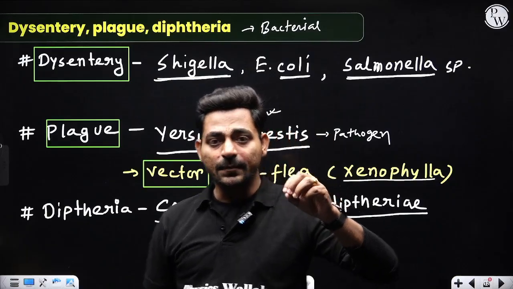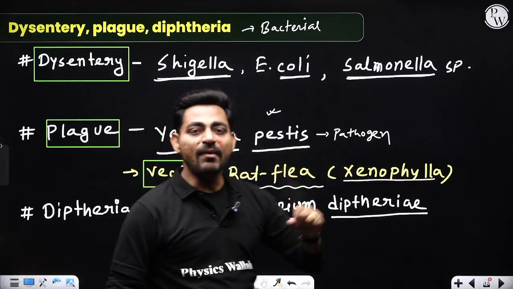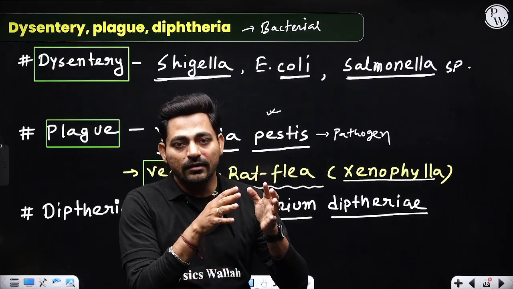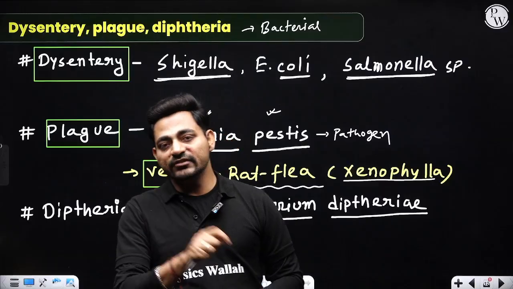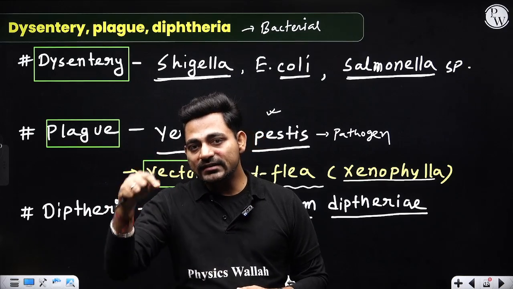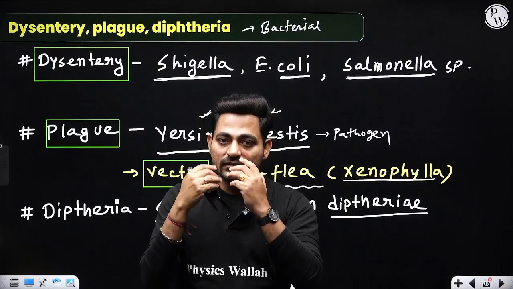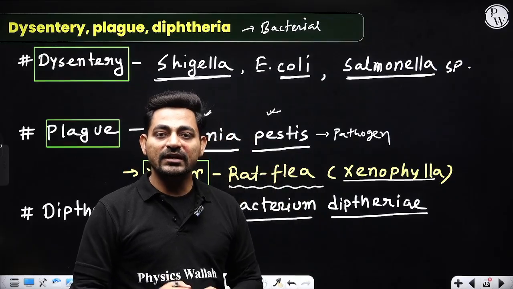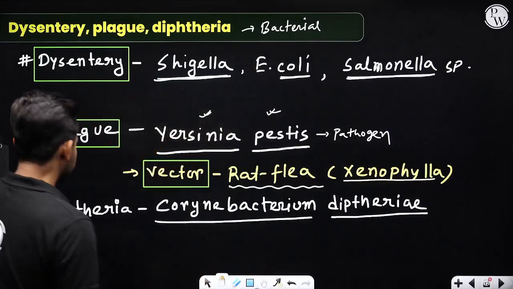If there is an infected rat, the rat flea will bite that rat. When it sucks the blood from the rat, the Yersinia bacteria enter the flea's body. Now that flea is also infected. If this flea bites a healthy human, then during the biting it will transmit the Yersinia bacteria from the insect's gut into the human bloodstream, and we will get the disease called plague.